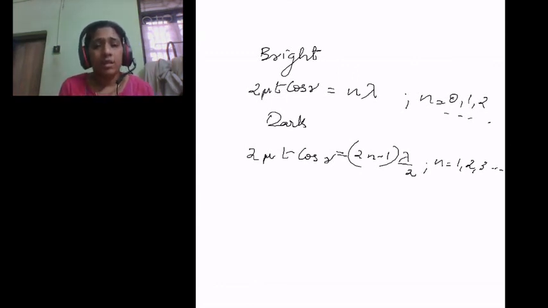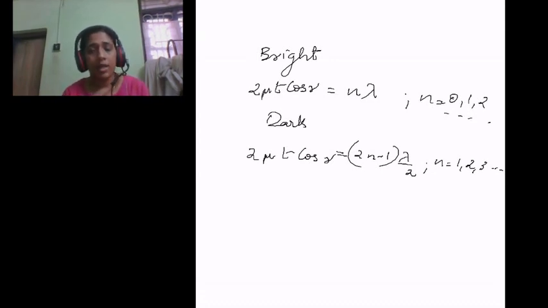The darkness condition in the reflected system is 2 mu t cos r equal to n lambda, and in the transmitted system the darkness condition is 2 mu t cos r equal to (2n minus 1) lambda by 2. This is the difference between the darkness and brightness conditions.